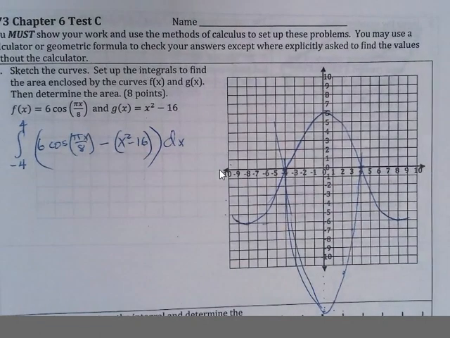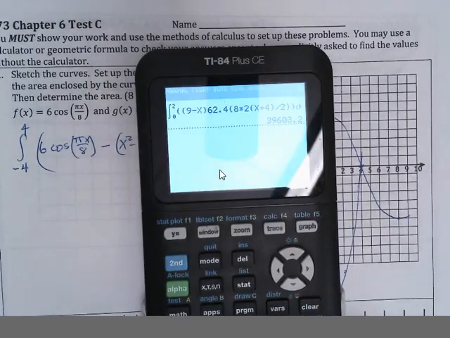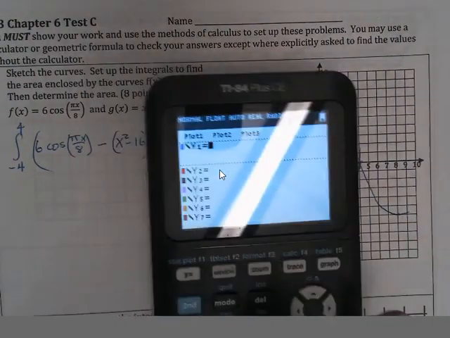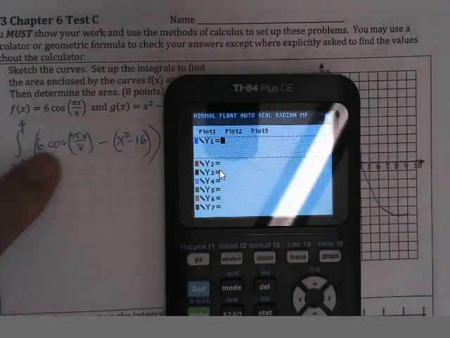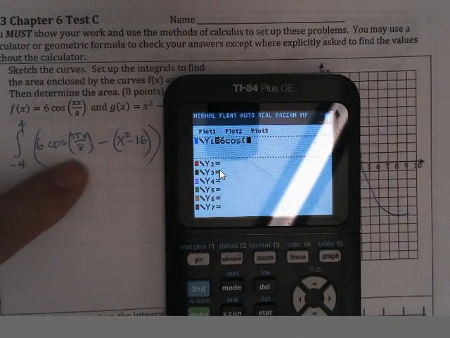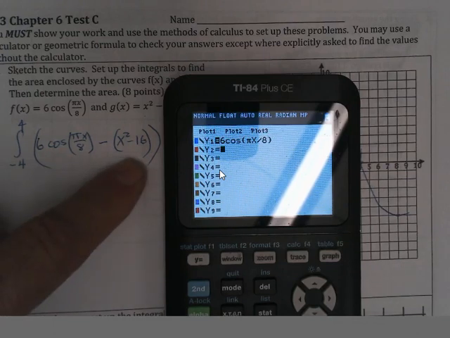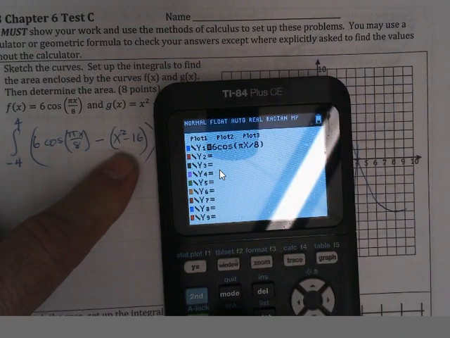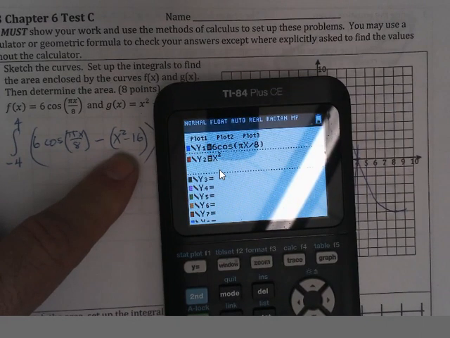And at that point, I expect you just pull out your calculator and type these in. Now, the easy way to type those in is to type one of them here, 6 cosine pi x divided by 8. And type the other one, since you had to graph them anyway, x squared minus 16.